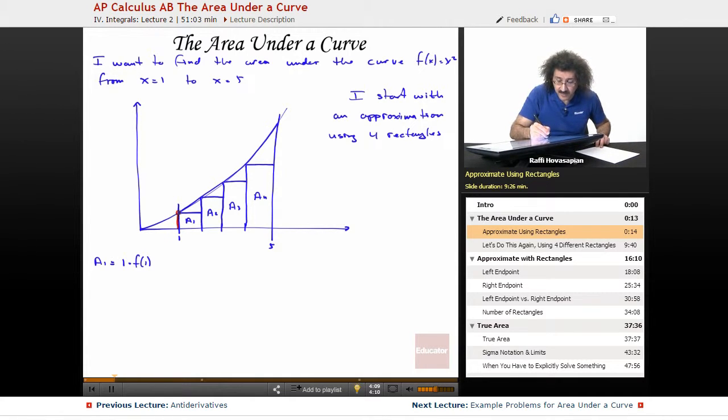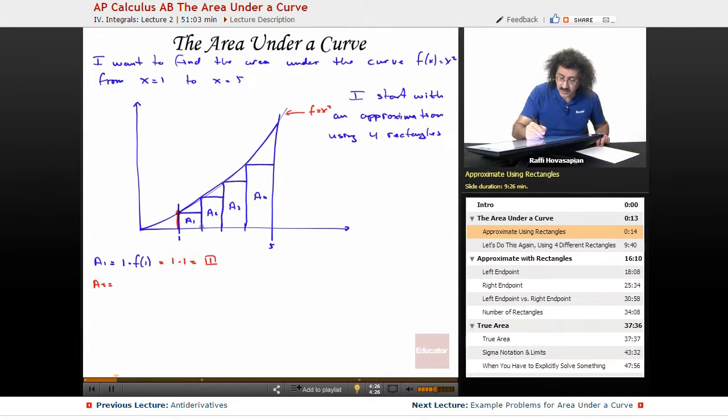It's up to the graph. This is my graph, f, which is equal to x squared. So it's just 1 times 1 equals 1. Good. Now my area 2.